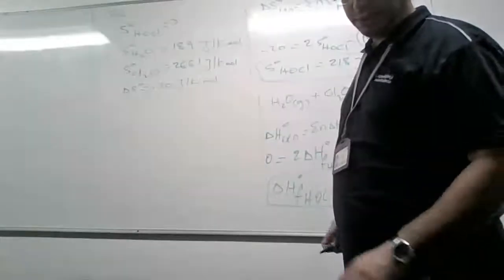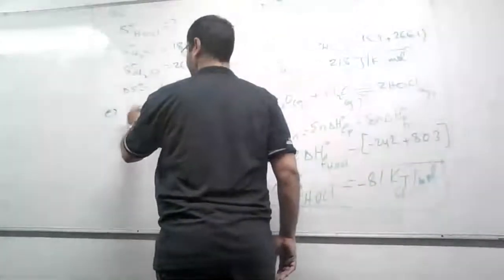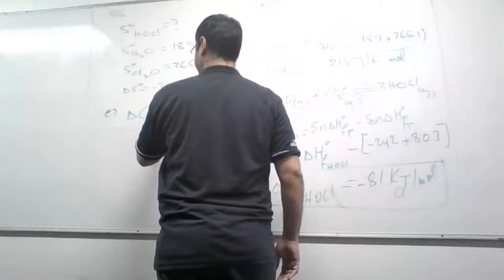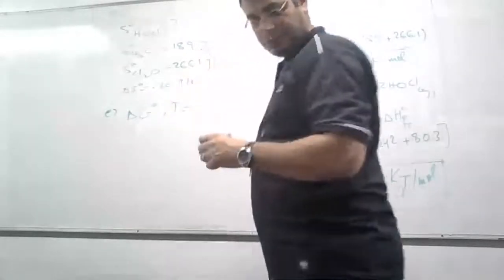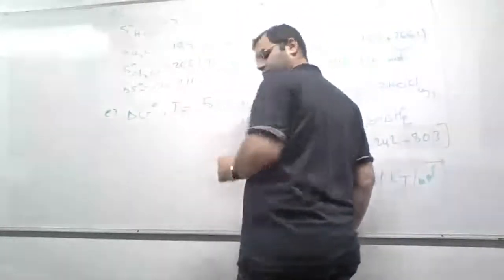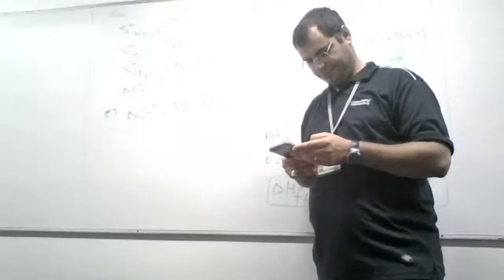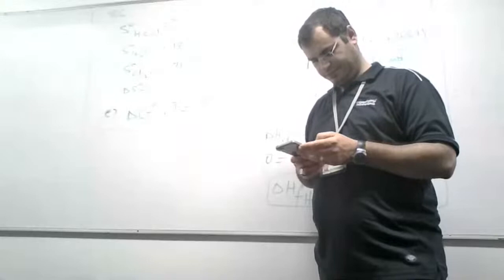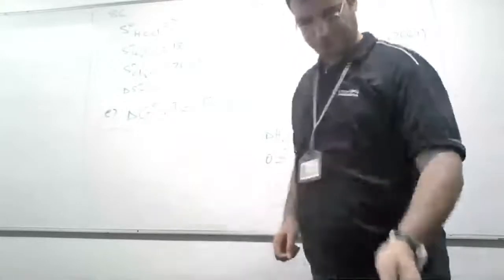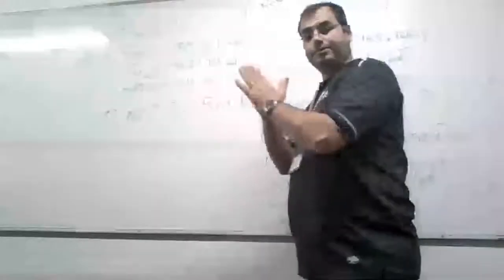Now, point E. We need to calculate delta G naught at temperature equal to how much, guys? 500 K. Here, which rule are we going to apply?